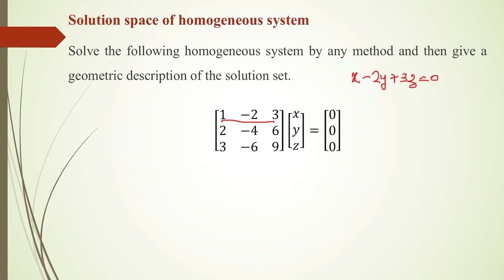Second row times xyz will give 2x minus 4y plus 6z equal to 0, and the next one will be 3x minus 6y plus 9z is equal to 0. We have 3 equations in 3 unknowns.